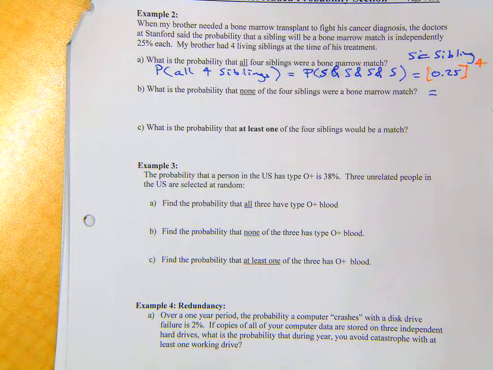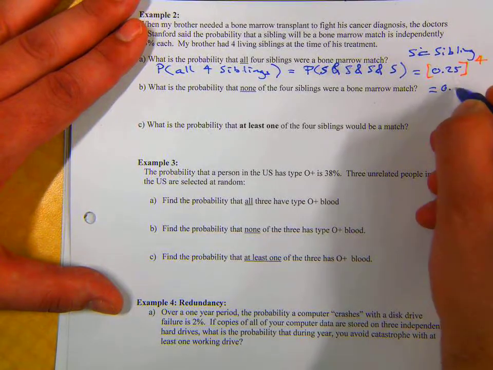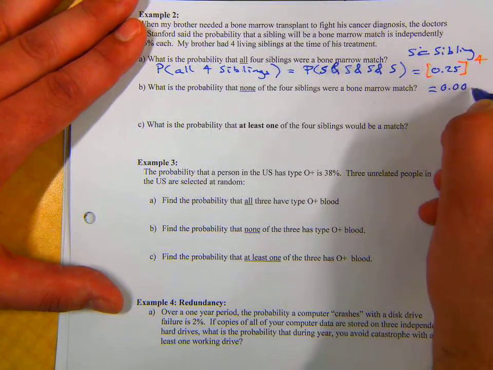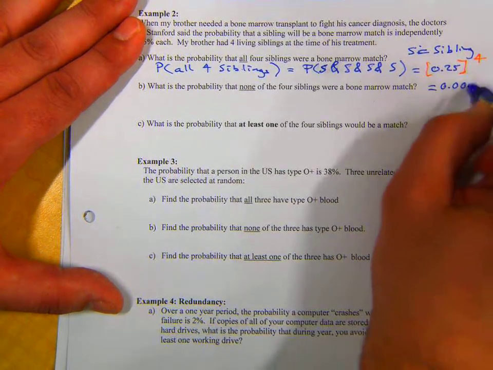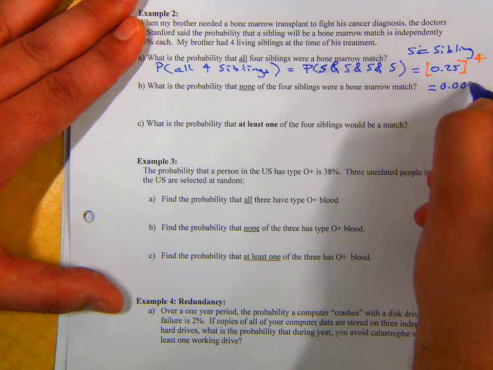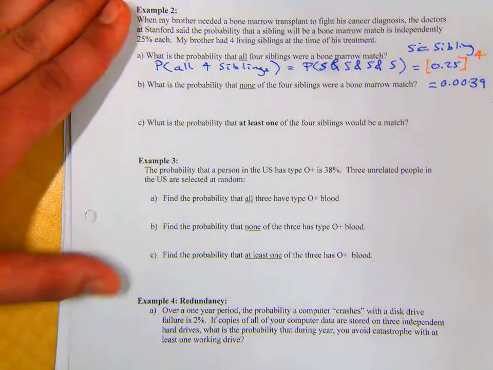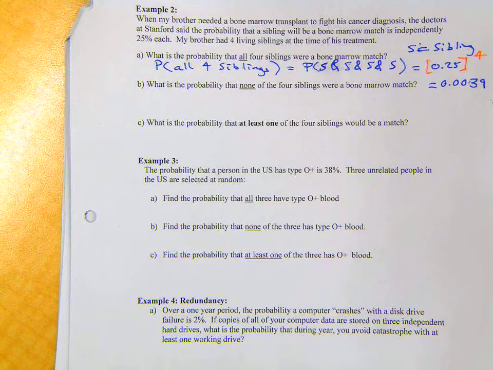It's 0.0039. Anybody else getting that? Yeah, somebody said yes. So basically 0.4% of the time you can get all 4 siblings to be a match.